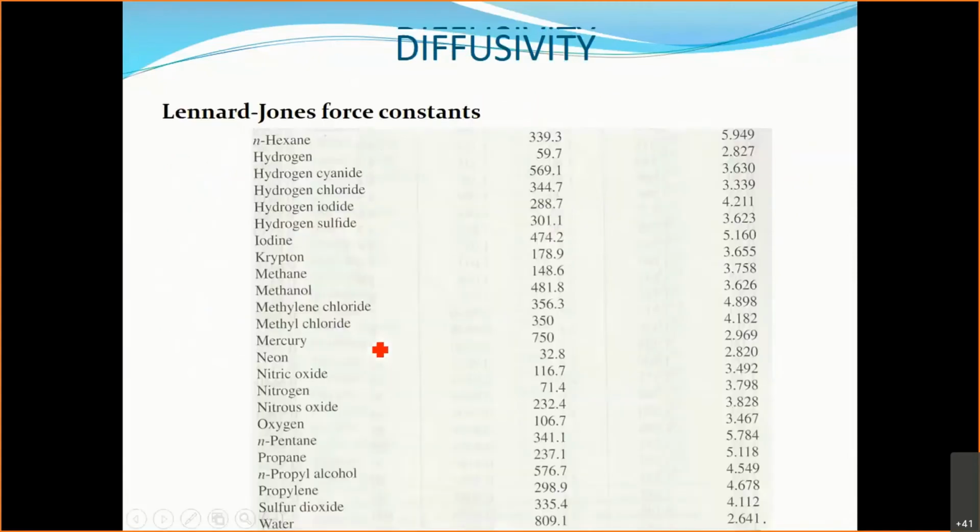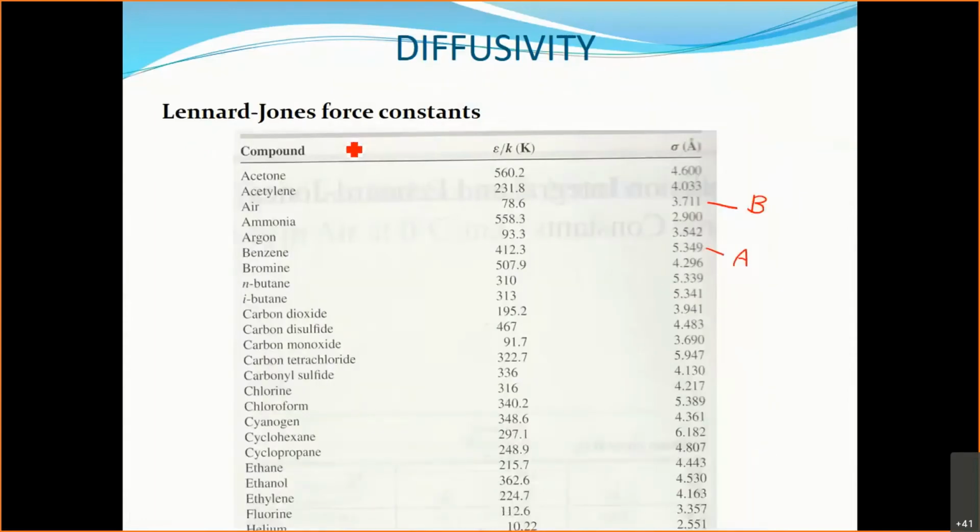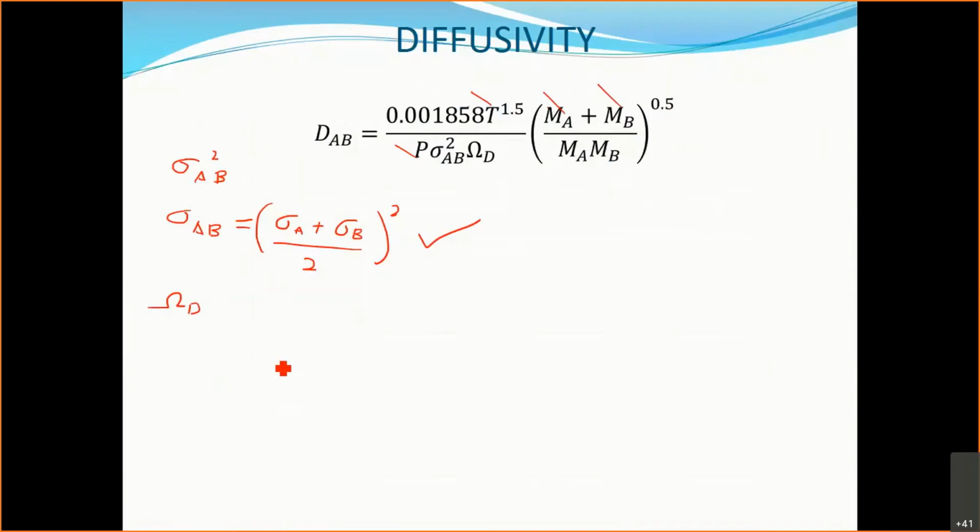If you look here, in order for me to find omega D, I have to find kT over epsilon 12. I'll just write here: in order for me to find omega D, I first need to find the value of kT over epsilon 12. Or in our case, I can say that it's going to be kT over epsilon AB.